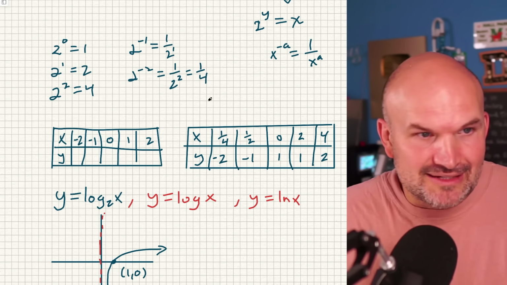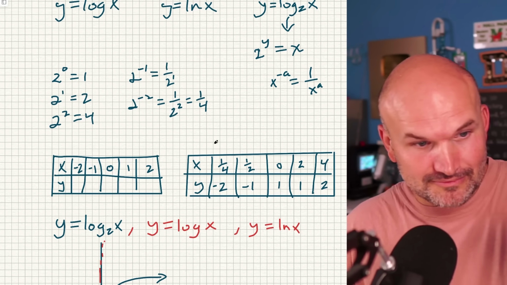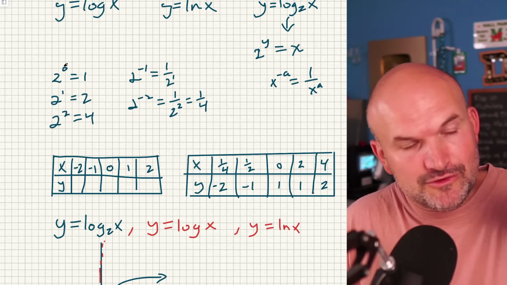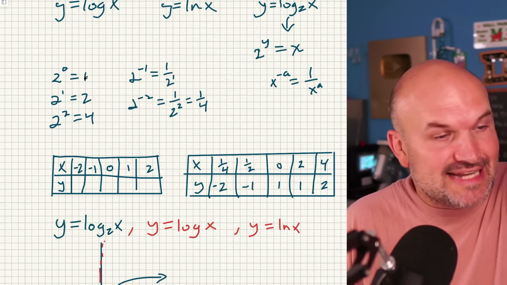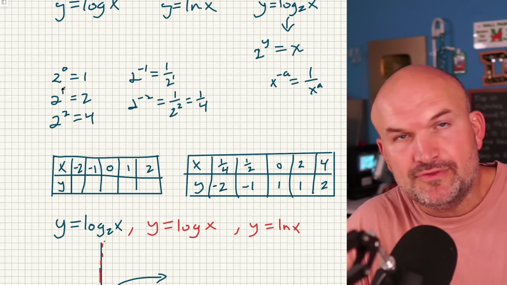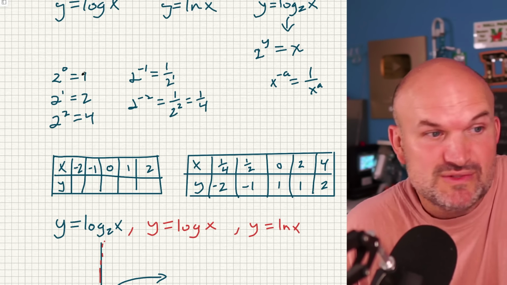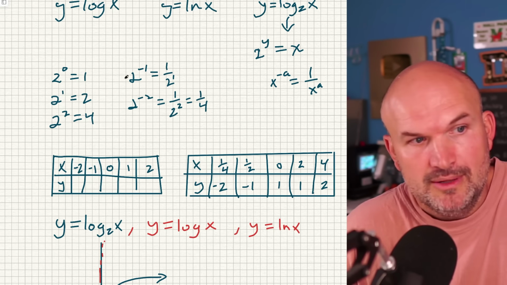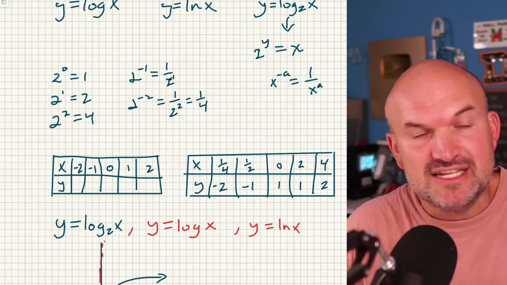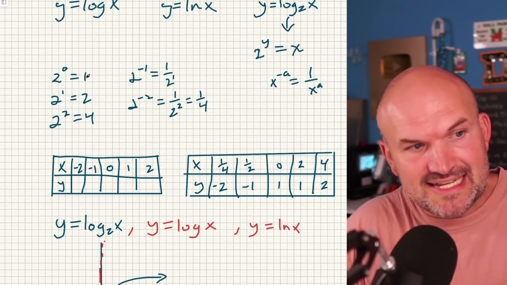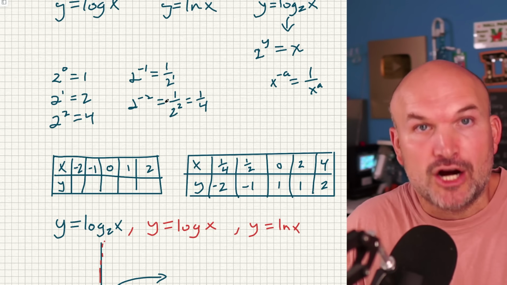Because, again, I can't find a value for y that I would raise 2 to that's going to give me a negative number, right? We just went through positive and negative numbers. 2 to the 0 is 1. 2 to the 1 is 2. But if you start using negative numbers for y, like 2 to the negative 1, you're still getting a positive 1/2. Now, again, remember, what these exponents are equal to are your x values.